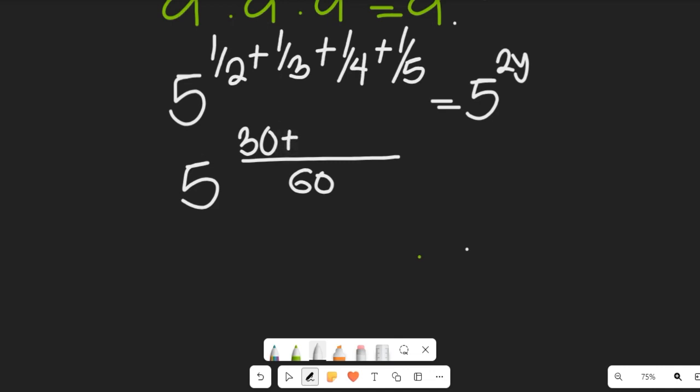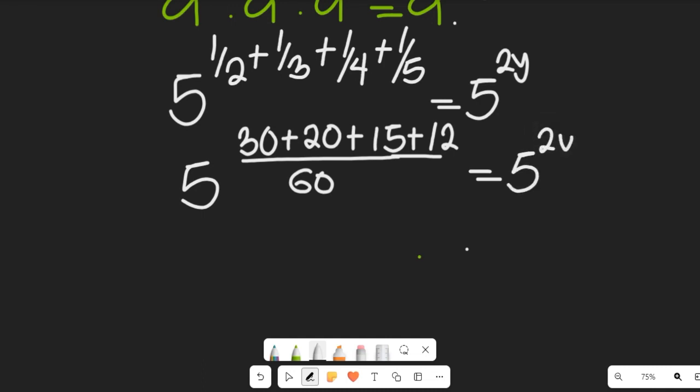Plus 60 divided by 3 gives us 20, and 20 times 1 is 20. Plus 60 divided by 4 gives us 15, and 15 times 1 is 15. And finally, 60 divided by 5 gives us 12, and 12 times 1 is 12. And this will be equal to 5 to the power of 2y.